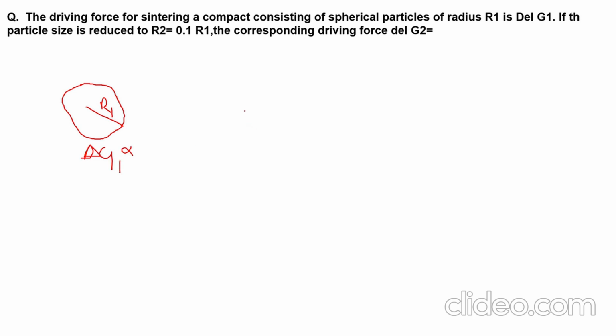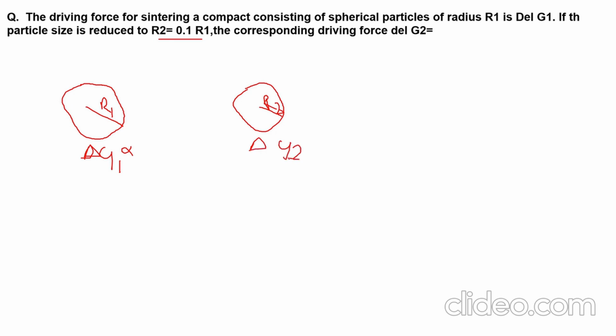Then in the second case, the particle size is reduced to R2, and R2 is equal to 0.1 times R1. Then we have to find the value of delta G2.